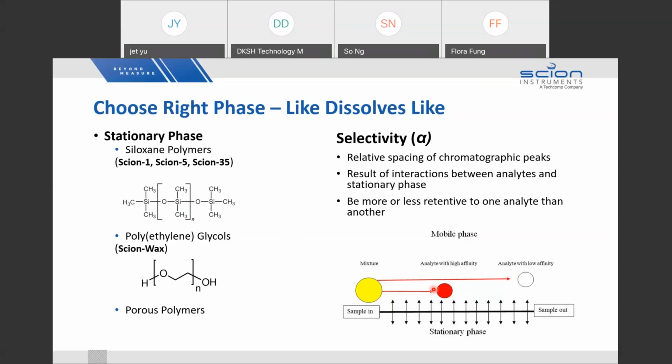Because these two molecules are different in terms of properties by nature. There is no absolute non-polar, there is only relative. Maybe this one is more polar than that one; this analyte is more polar than this one. But overall, these two are polar compounds.